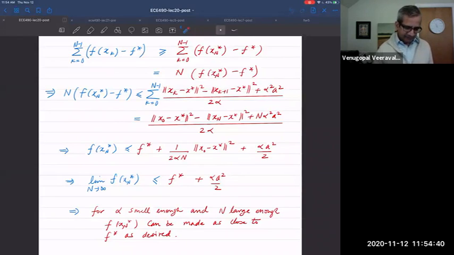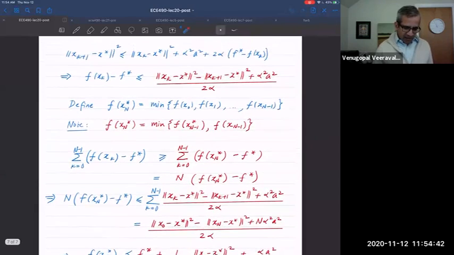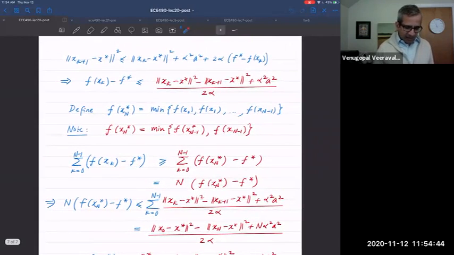The idea there was, rather than keeping only the previous value of the point, you look at the minimum over the entire history and keep track of that.